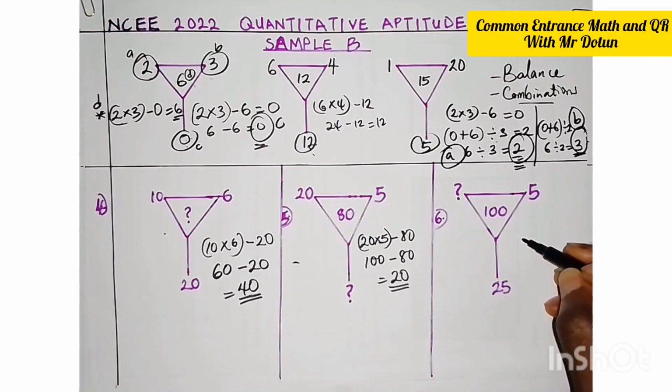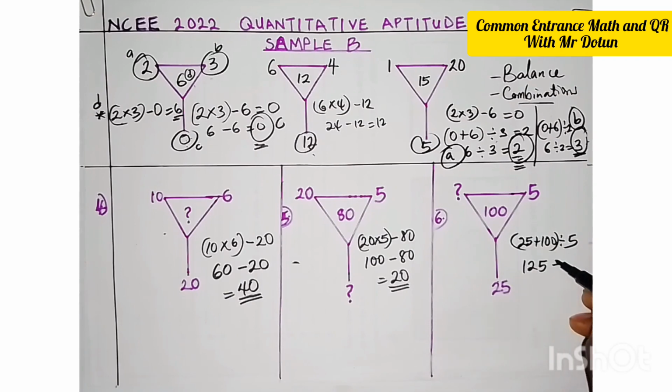So that means we have 25 plus 100 divided by 5. And 25 plus 100 is 125. So 125 divided by 5. Let's use a short division method. So 5 in 12 is 2. Alright, remainder 2. 5 in 25 is 5. So 125 divided by 5 is 25.